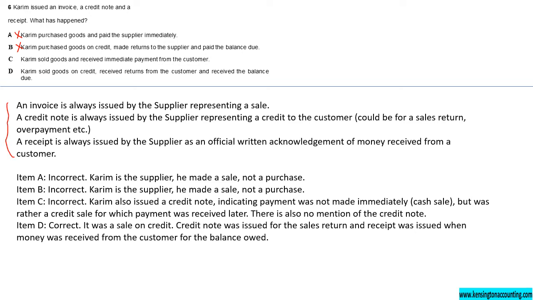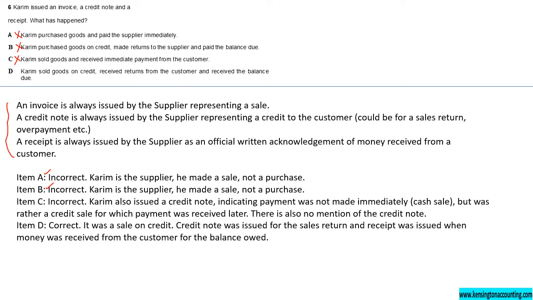So A and B are incorrect. Now, item C says Karim sold goods and received immediate payment. Now, that's wrong, because Karim issued a credit note. An issue of a credit note means the item wasn't paid immediately, it was sold on credit. Therefore this is also wrong.